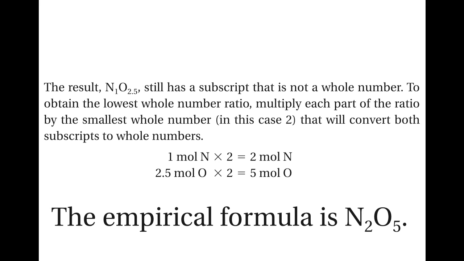So that means that I have 2 moles of nitrogen and 5 moles of oxygen. Good? Because again, we can't have a non-whole number down here. They all have to be whole numbers. Again, lowest whole number ratio is what empirical formula tells you. So I have 2 moles of nitrogen and 5 moles of oxygen, so the formula will be N2O5. Does that make sense? Hopefully it does.